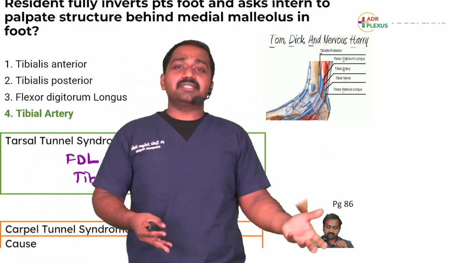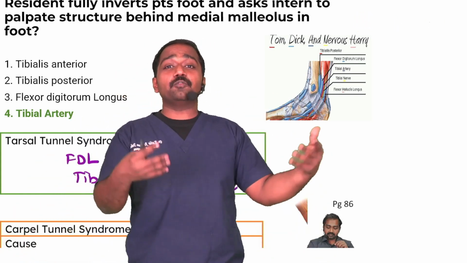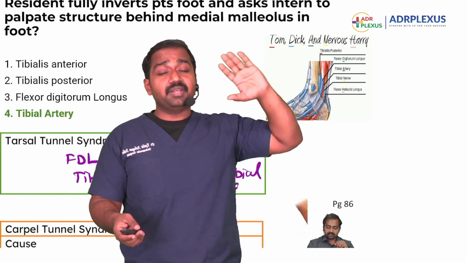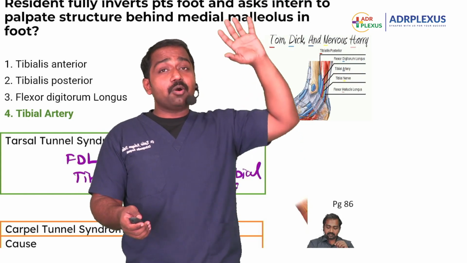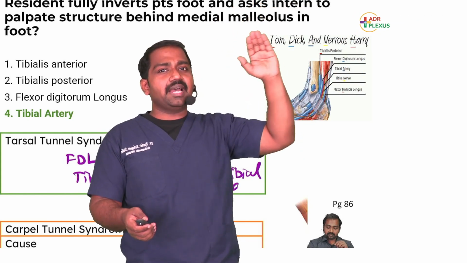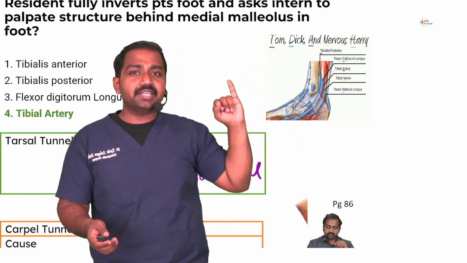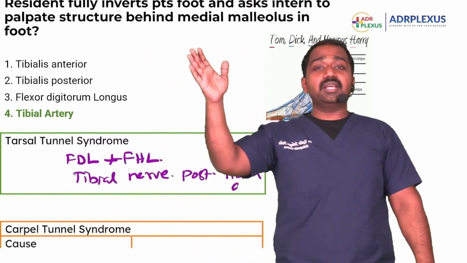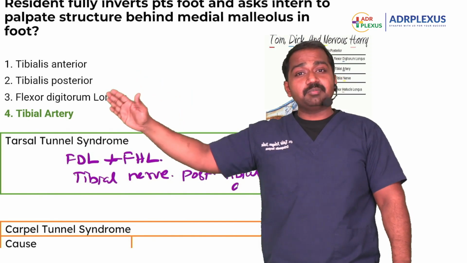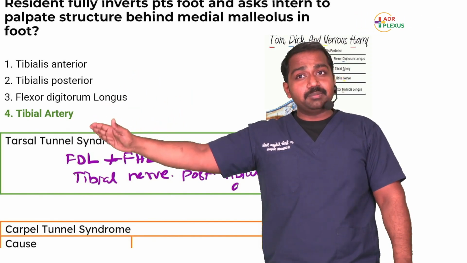Which side? Lateral side. Which ligament? Anterior talofibular ligament. This we have discussed when we were discussing ankle sprain. So if the question is about lateral malleolus, then the answer is anterior talofibular. If the question is just under medial malleolus and the option was having tibial artery, then the answer should be tibial artery.